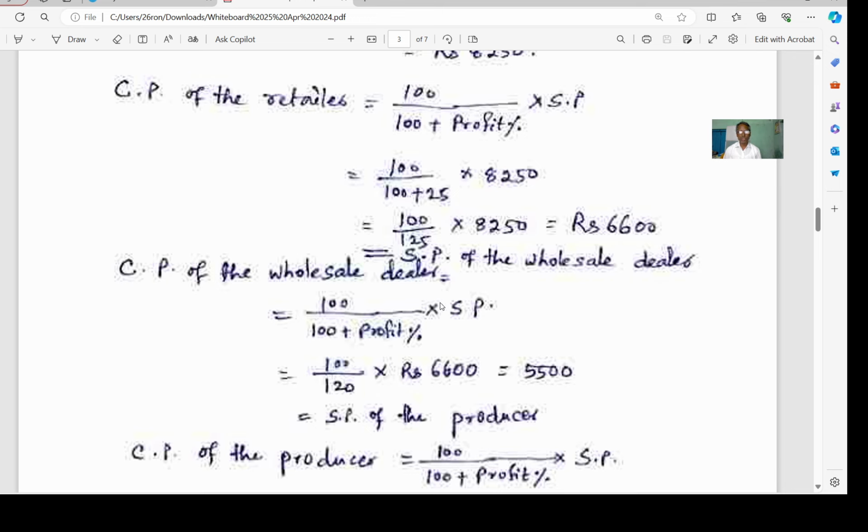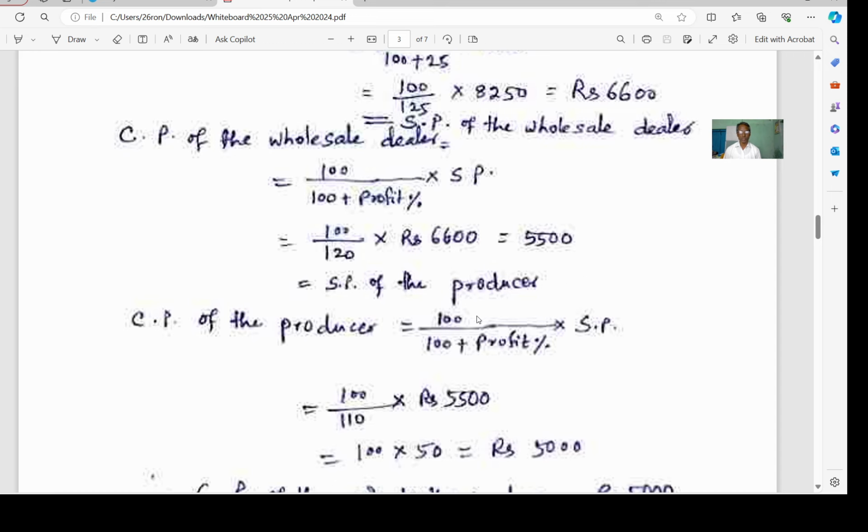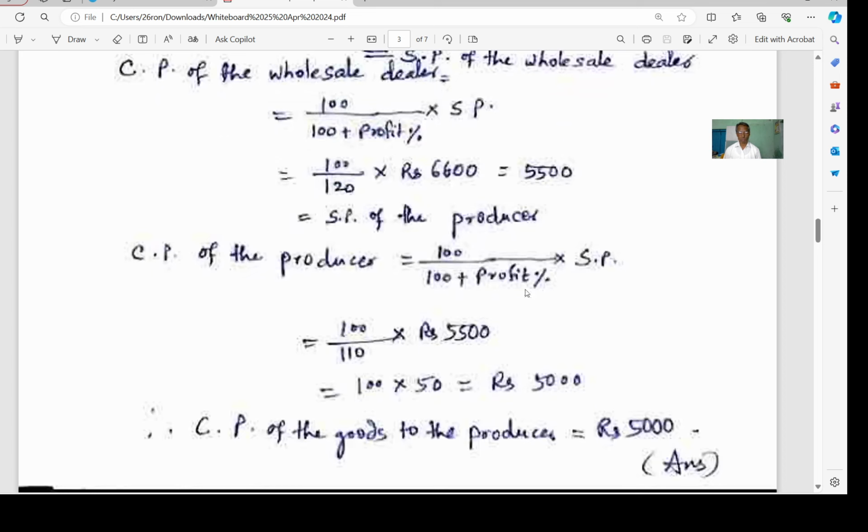Cost price of the wholesale dealer is equal to 100 by 100 plus profit percent multiplied by sale price. This is equal to 100 by 100 plus 20, means 120, multiplied by rupees 6,600. This is equal to 5,500. This is the same as the sale price of the producer.